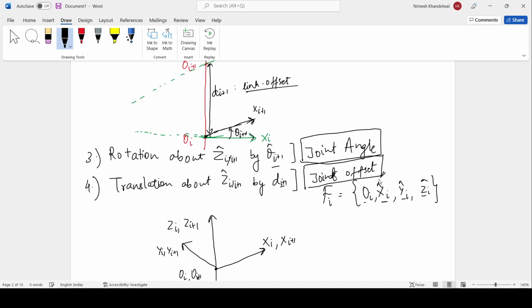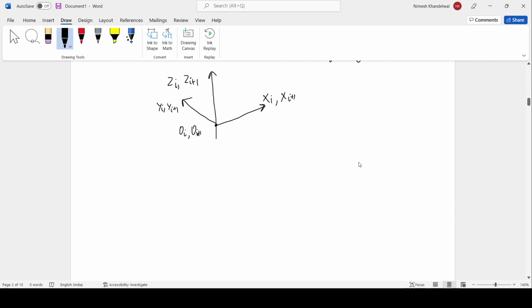Now, in the later stages of the slides, sir had given you an expression for the net transformation matrix, right? Something like this. And it was a function of all of these quantities: alpha, ai, theta I plus 1, and di plus 1.